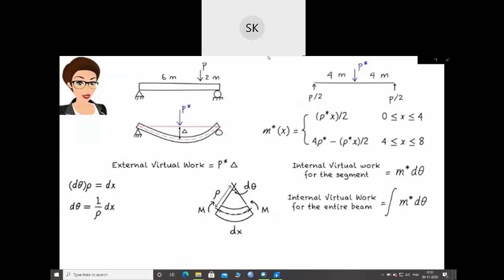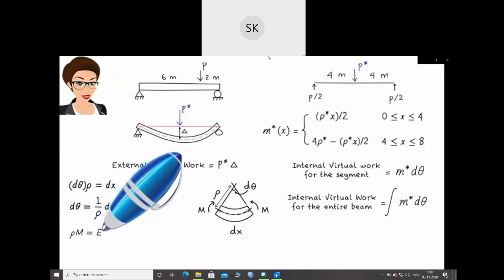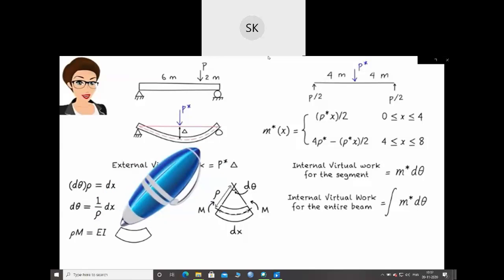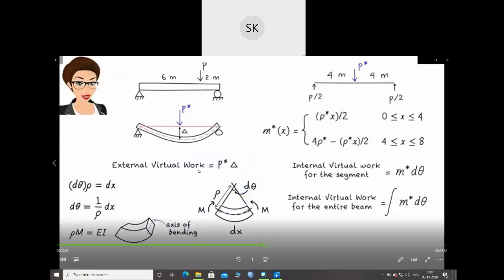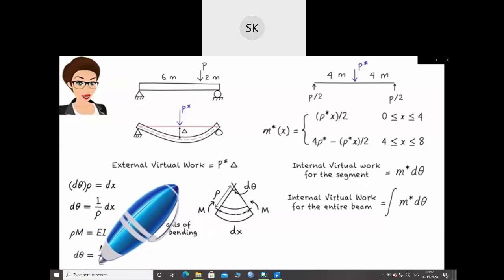More specifically, rho times m equals E times I, where E is the material's modulus of elasticity and I is the moment of inertia about the axis of bending. Of course, here we are assuming linear elastic material. Then we can write d theta equals m over EI dx.